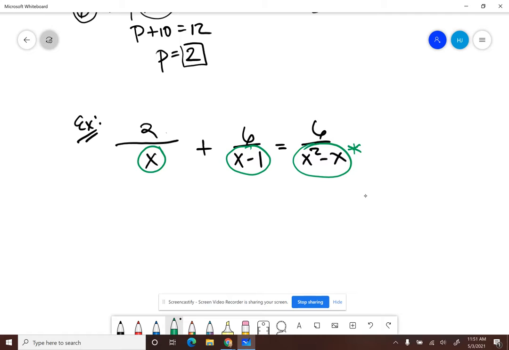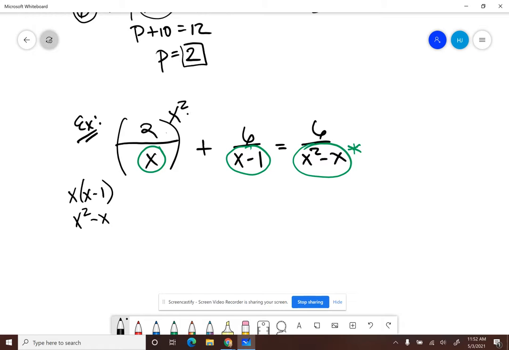If I took x, let me do this over here. If I took x times x minus 1, what would that give me? Well, it would give me x times x, which is x squared, and x times negative 1, which is negative x. And look at that, if I multiply these two things together, it would give me that, okay? So that means that this x squared minus x is actually my common denominator, okay?